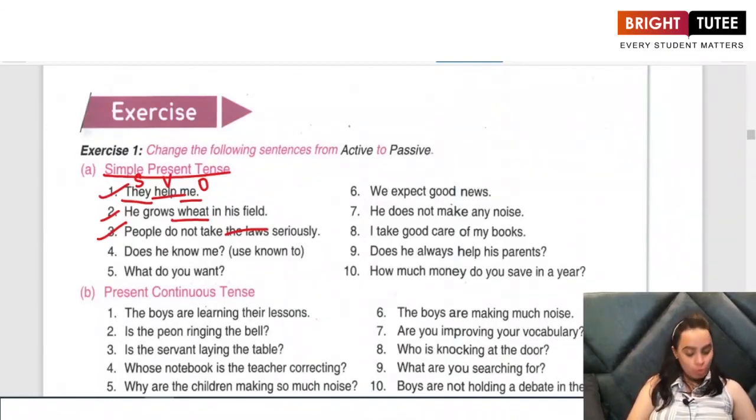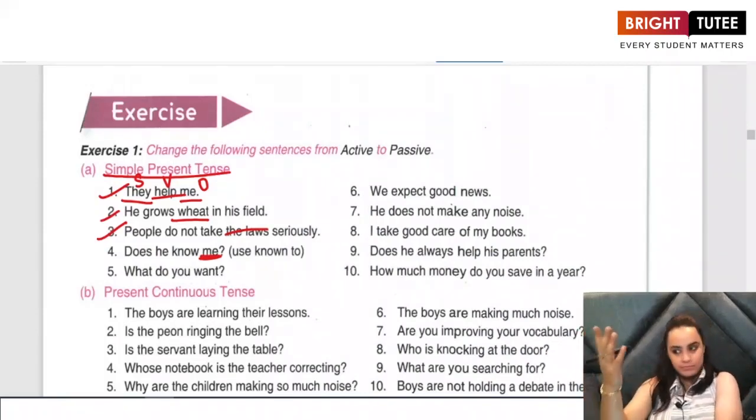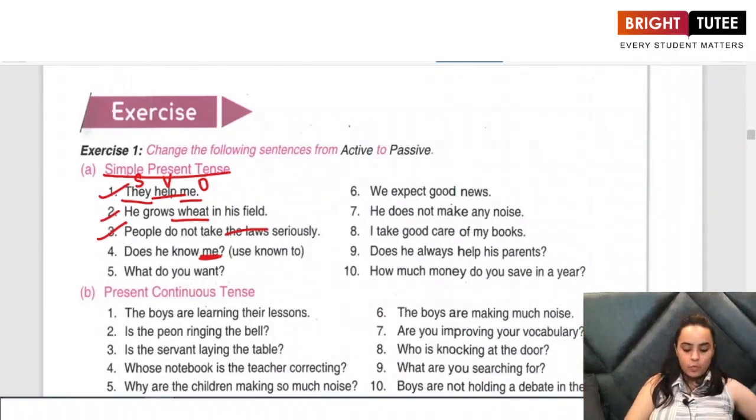Am I known by him? Here is me. I change it to I, and with I we use am. We all know that. So am I known to, or am I known by him? Both are okay. What do you want? What is wanted by you?